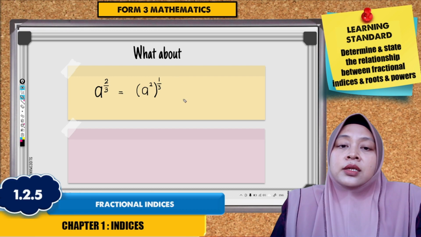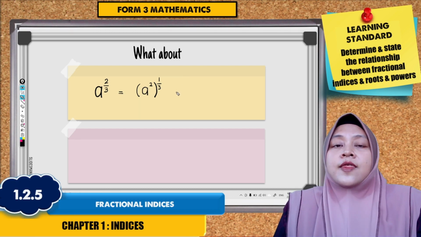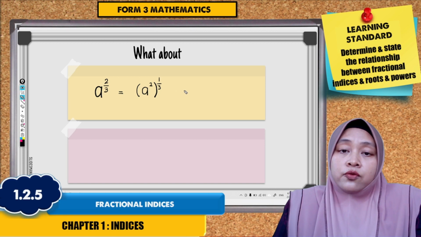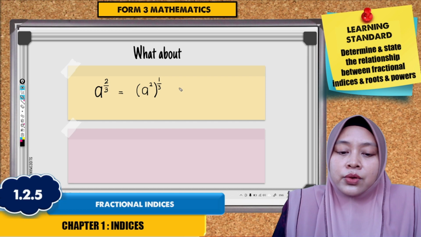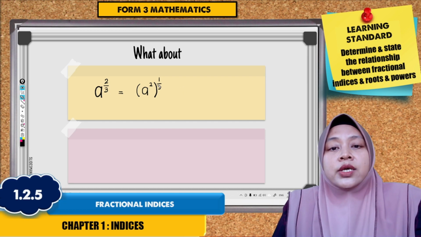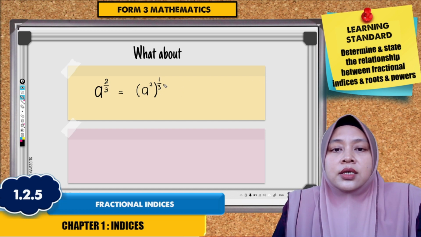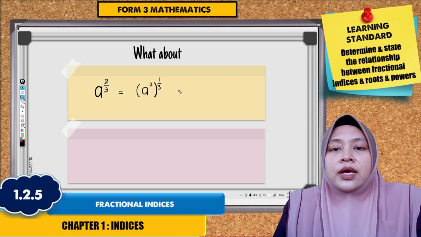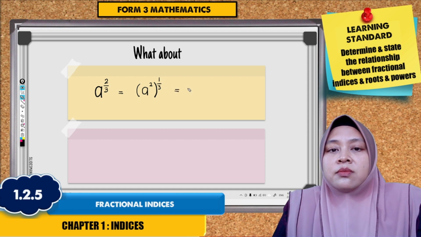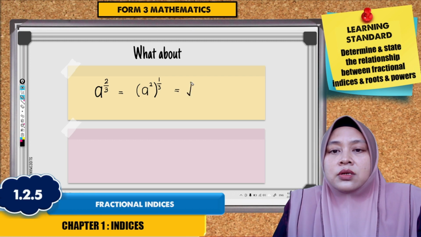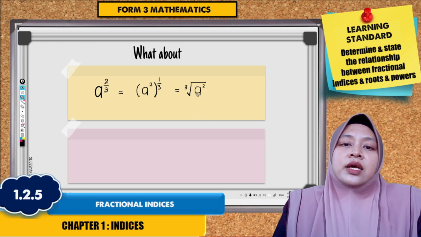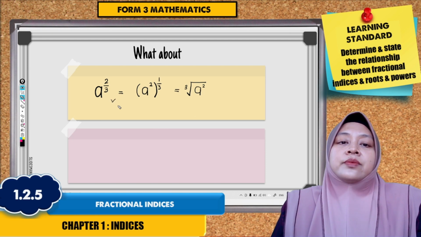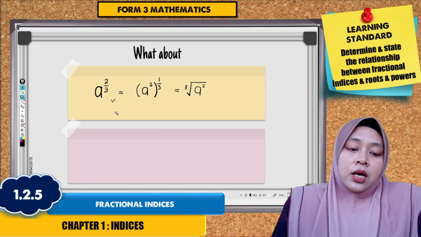Then, I have told you before that a to the power of 1/3 is equal to cube root of a, right? So here you can see the 1/3, so it will have the same amount as the cube root of a to the power of 2. This is another way of writing this one. How about this?